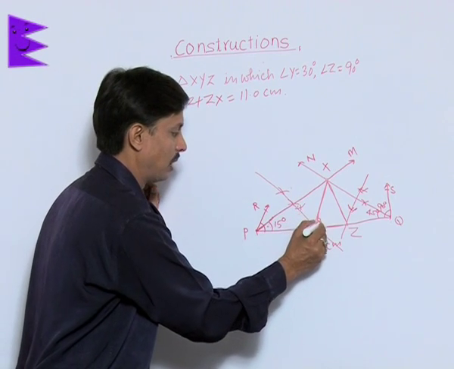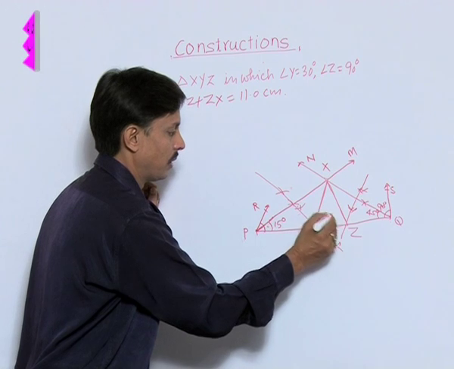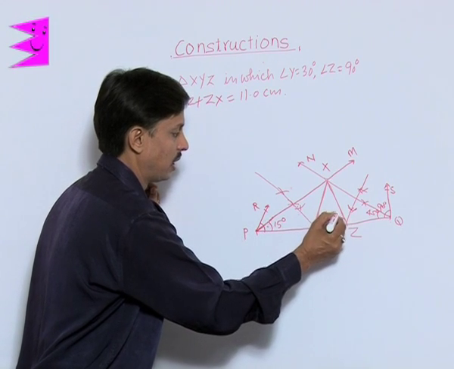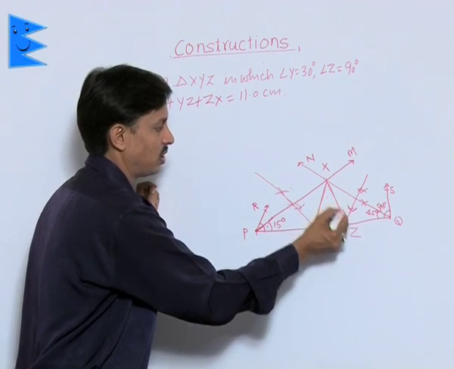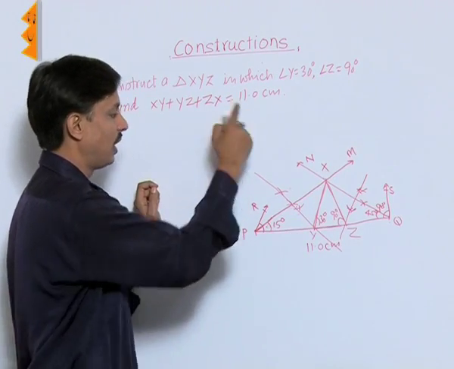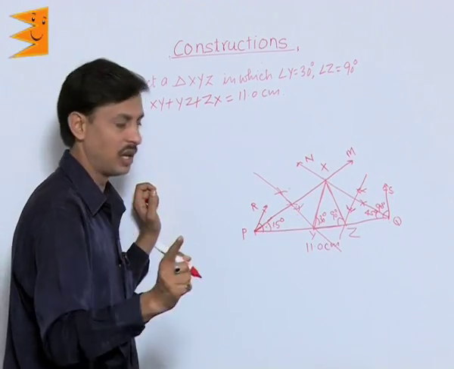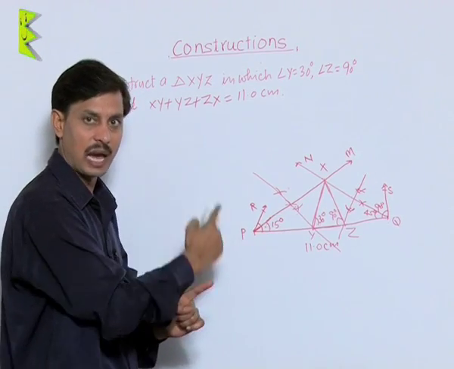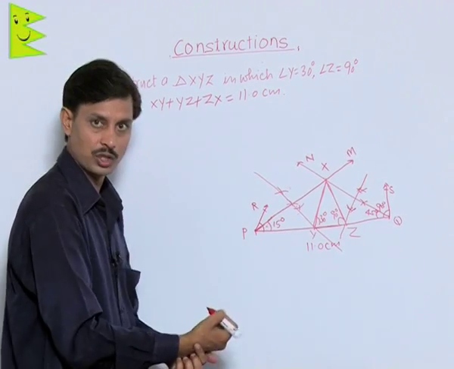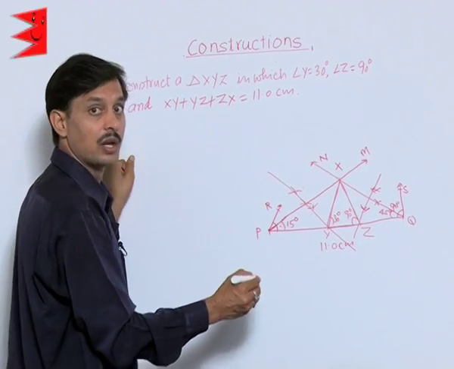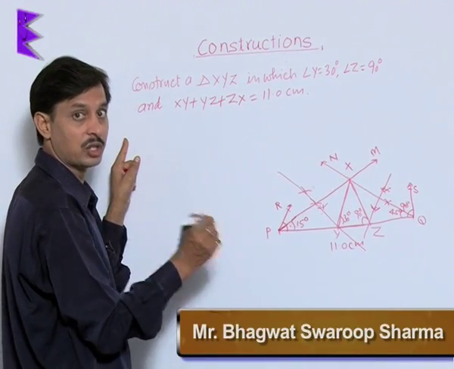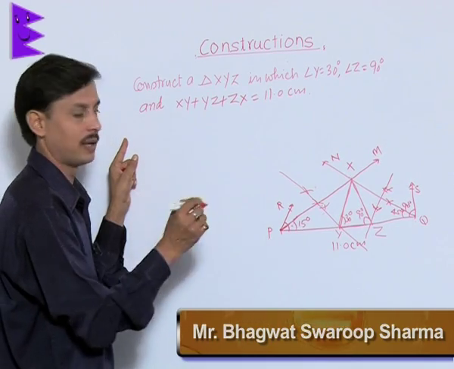With this, the angle will be 30 degree, this angle will be 90 degree, and the sum of the sides XY plus YZ plus XZ will be 11 centimeter. First I am writing the steps, then I will explain the logic. Steps in brief I am writing here, you can observe.